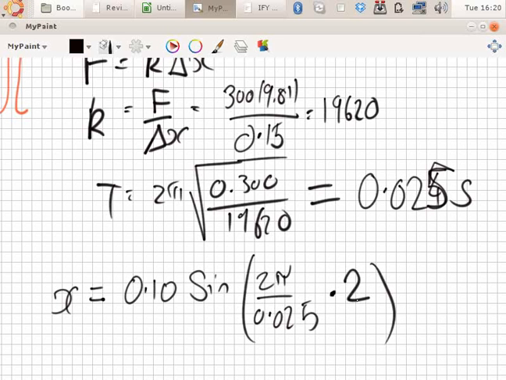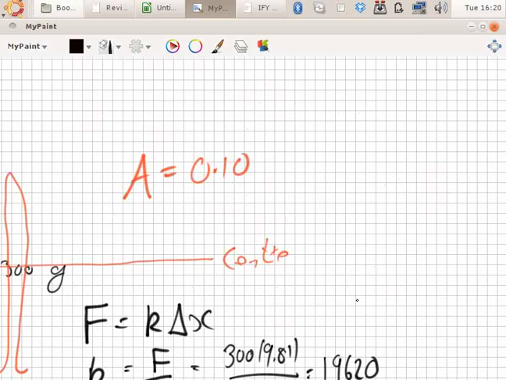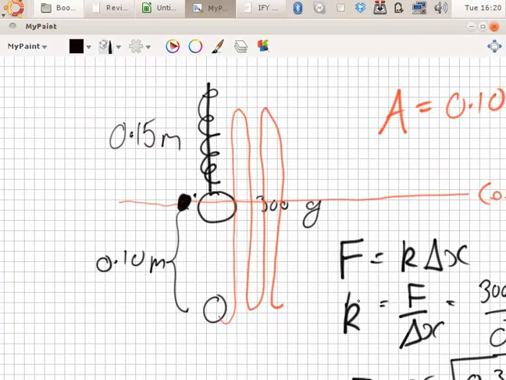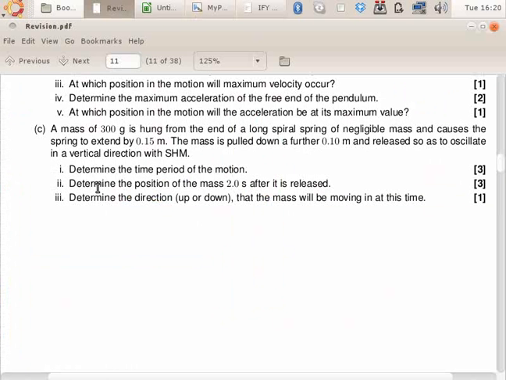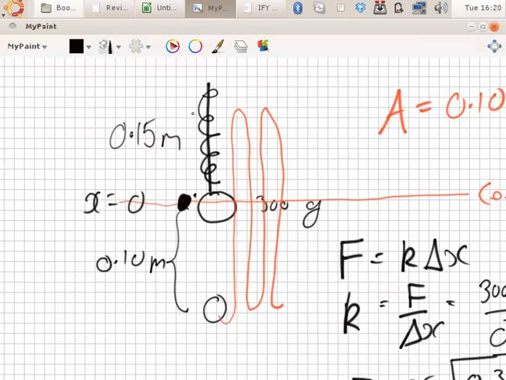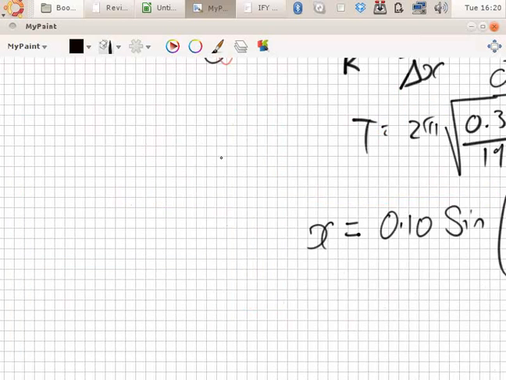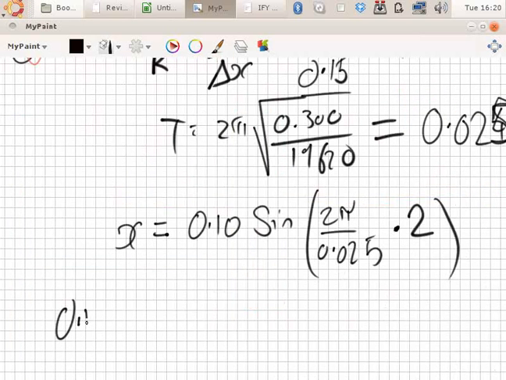So if I look back to my diagram here, if x is 0, it is here at this baseline. So the question asks you, determine the position, and the answer would be, if you want to describe it like this, 0.15 meters from the ceiling, or 0.15 m from the top.